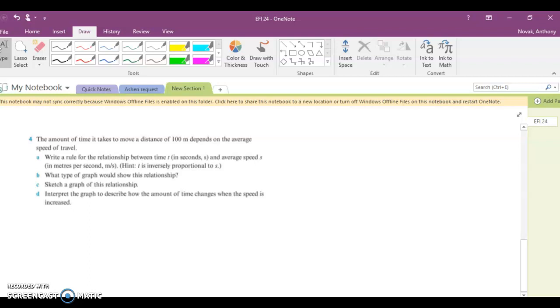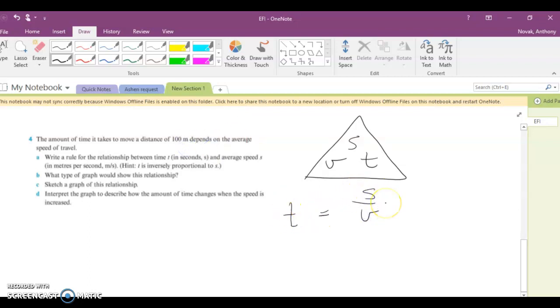And of course, we know from kinematics that we had the good old triangle S V T. Okay, so if we want to know what T is equal to, T is equal to S on V, and because S stands for distance, and we're focusing only on always the same 100 meters, we end up with T equals 100 over V. And you're right, it therefore means it's inversely proportional to the velocity.